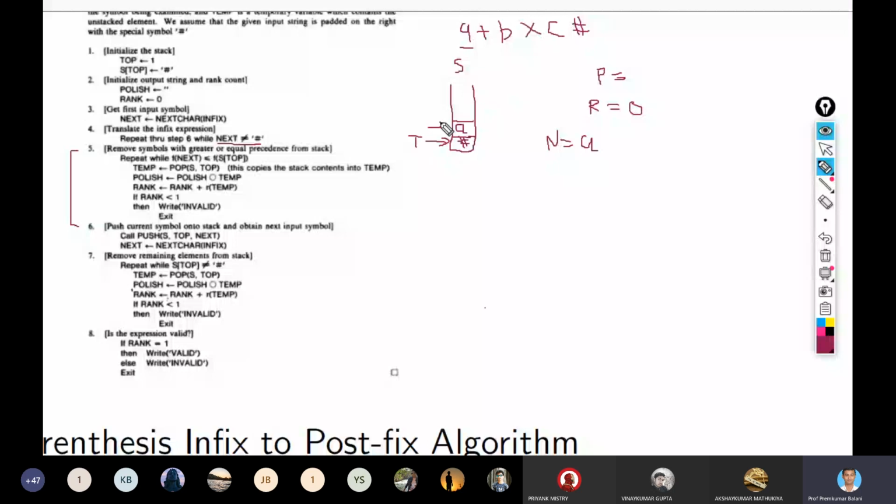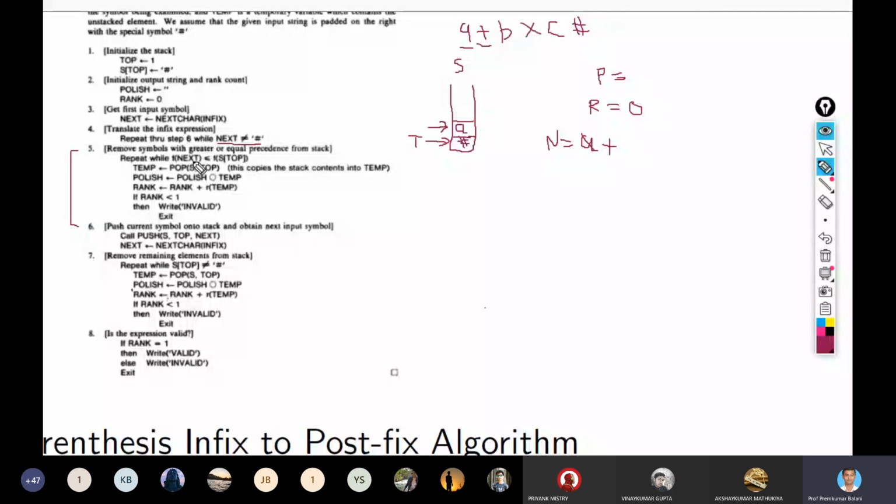T equals 2 now. And next is equal to the next infix character, so a will be overwritten and my next is plus. Now again go to step 5, till we get next equal to hash.